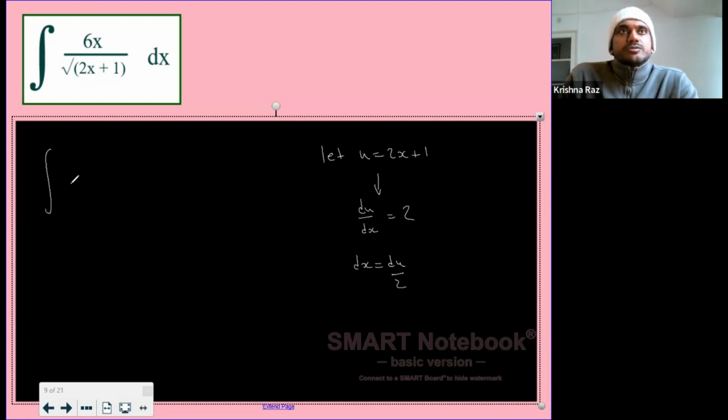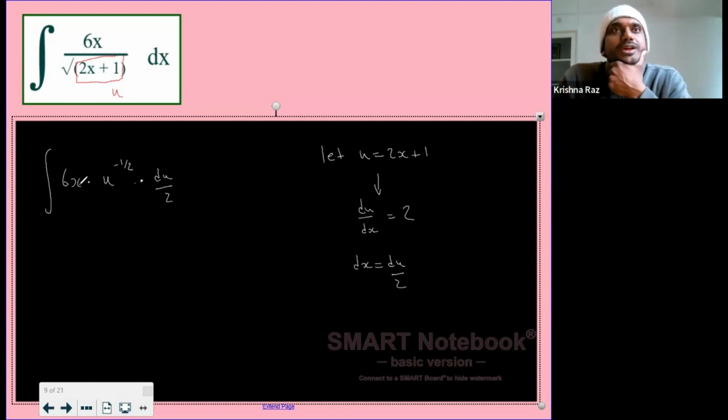So we have the integral of 6x times u to the power of minus a half, since this is our u, times dx, which is du over 2.